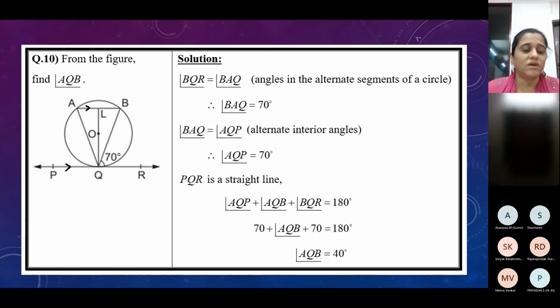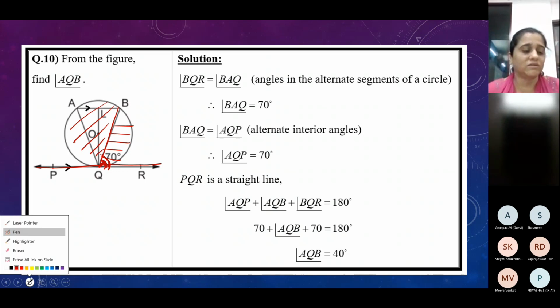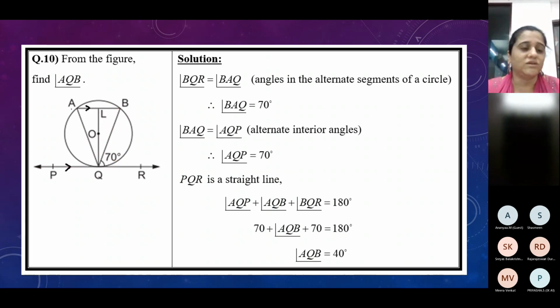Here I've used this angle itself. This is the chord, and through this endpoint Q we have this tangent. This is 70 degrees, the minor segment. The alternate segment is the major segment, and the point A is in the major segment.